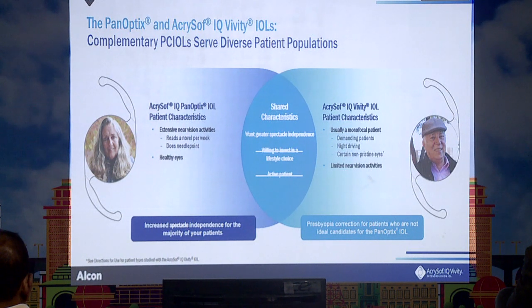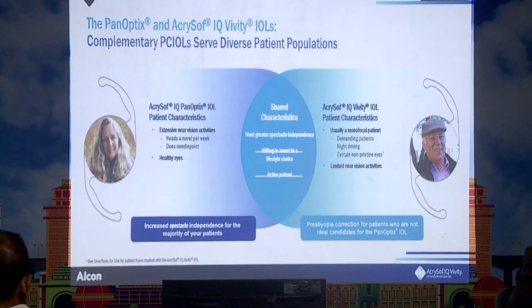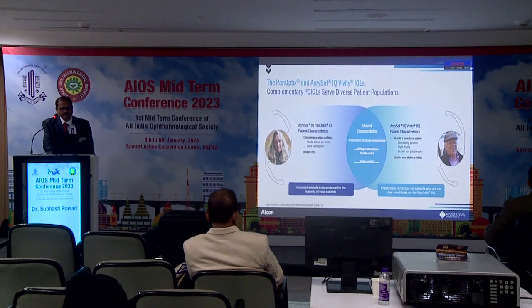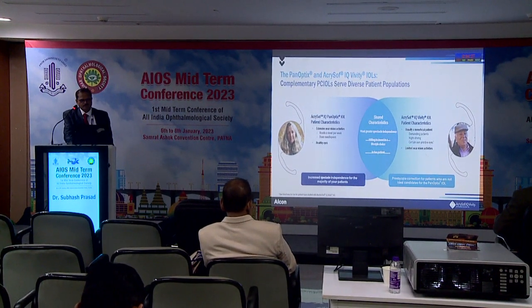So I have been using Panoptics in those patients who actually wanted trifocality, but there were some points going against Panoptics, like young patients who were indulged in night driving, or who are very active.